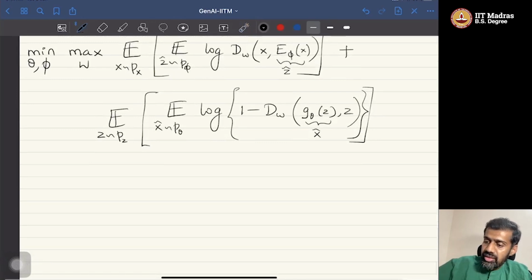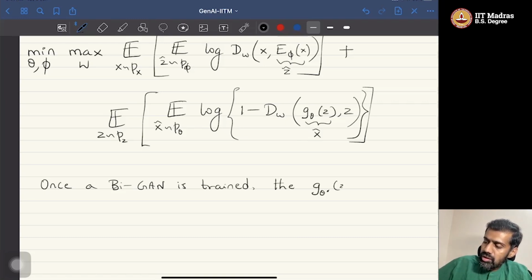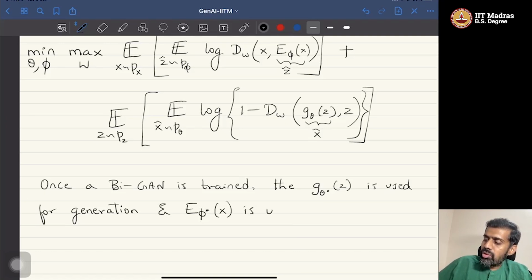So once a bi-GAN is trained, the generator network g theta star is used for generation, and e phi star of x is used for inversion.